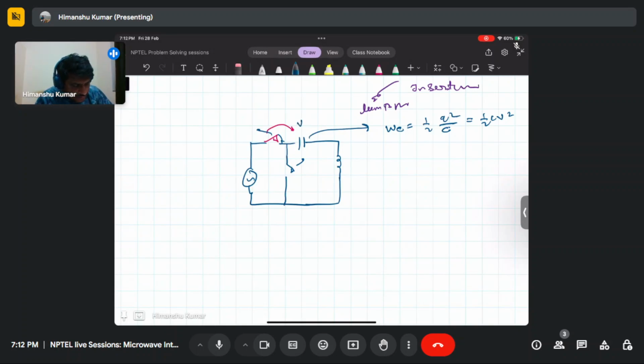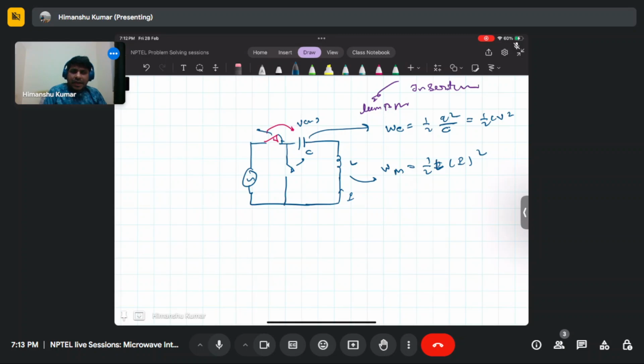This is the capacitor and this is the inductor. Similarly, the magnetic energy stored in the inductor, Wm, will be equal to half of L times I square, where I is the current in the inductor.